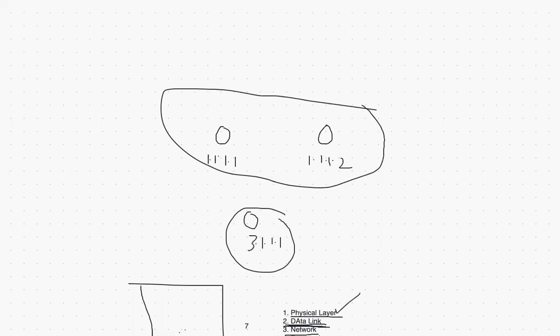Monica Adicherla, how can I make 1.1.1.2 communicate with 3.1.1.1? How can I make them communicate? Can you repeat the question, sir? How can I make 1.1.1.2 communicate with 3.1.1.1?